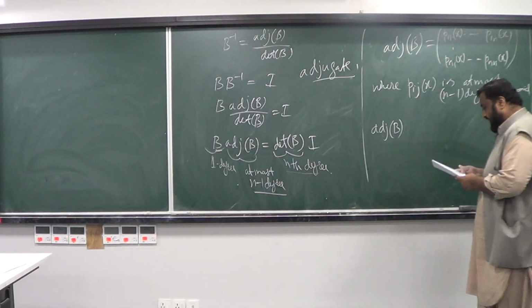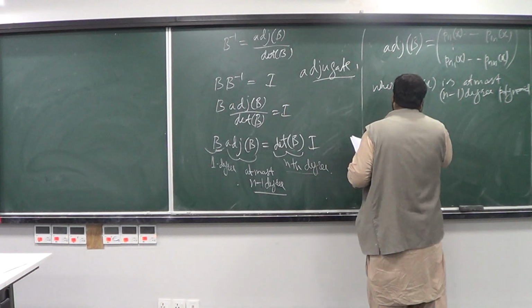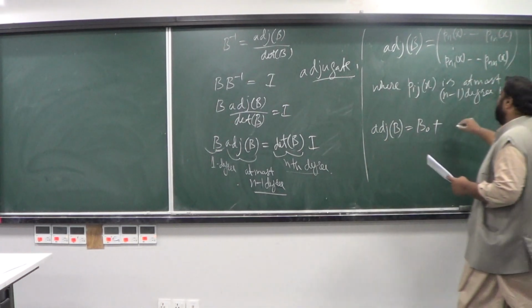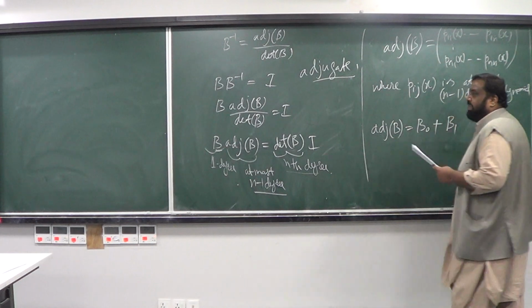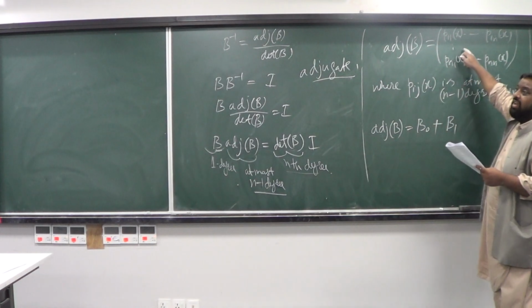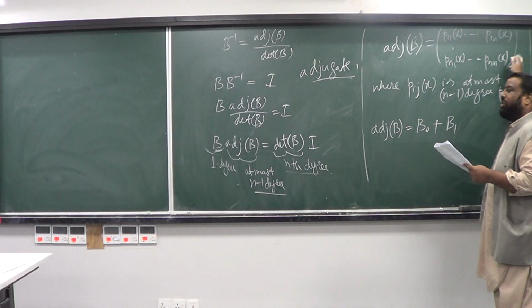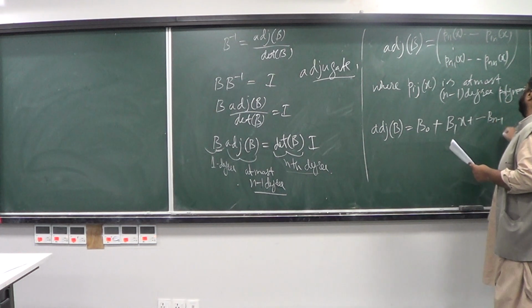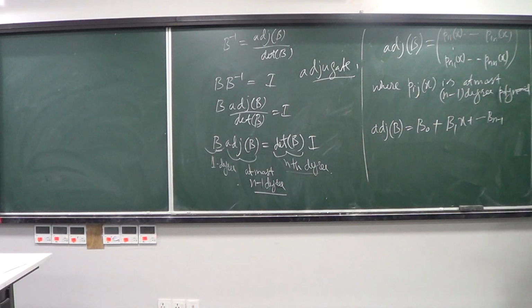It's going to look like this: a matrix B0 consisting of all constants from here, plus a matrix B1 that consists of all coefficients of linear degree terms, and so on and so forth, and Bn-1 consisting of all coefficients of x power n-1 terms.